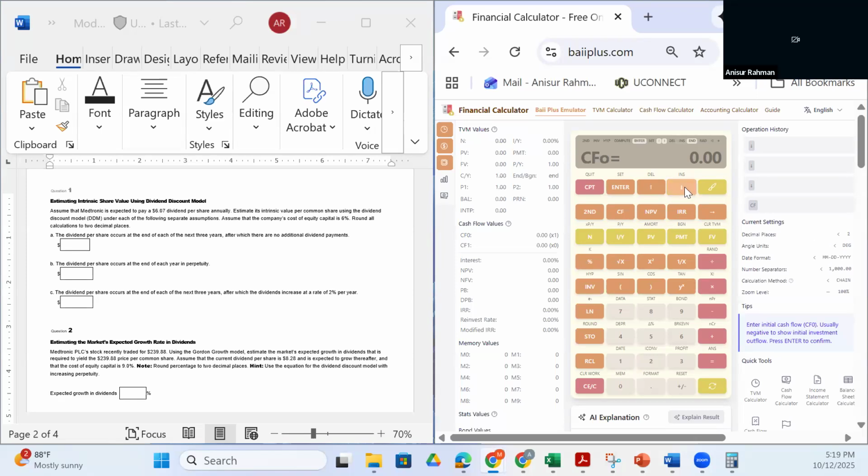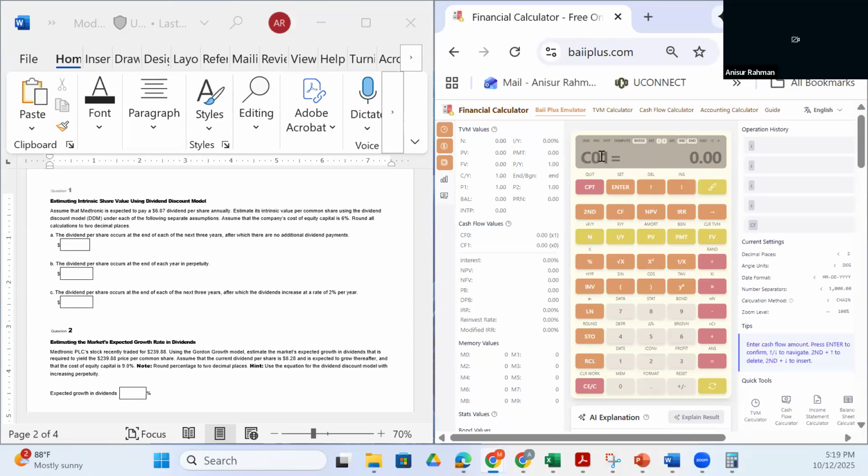So there are no values now. CF0 means cash flow today. If you go down, C01 is the cash flow after 1 year. F01 means frequency, and I'll discuss this more in a moment.